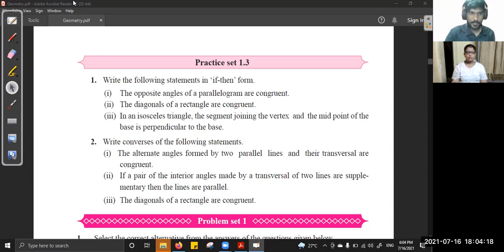Do you understand? Okay, first write down the if-then form. Write it first.